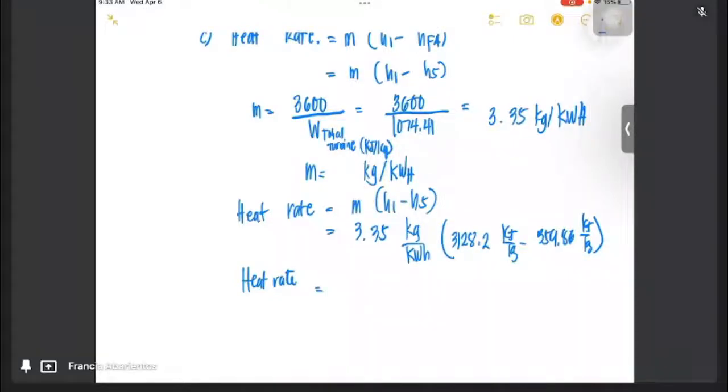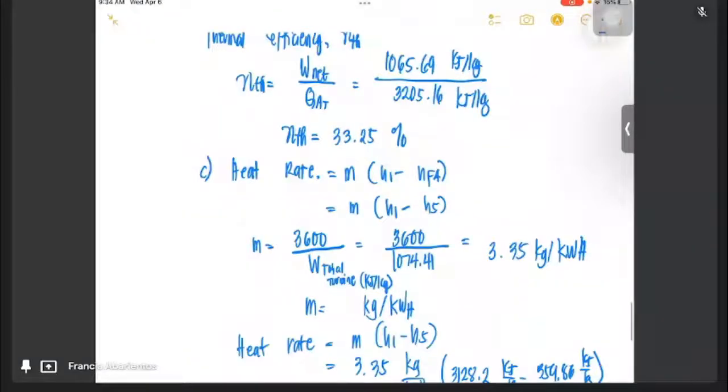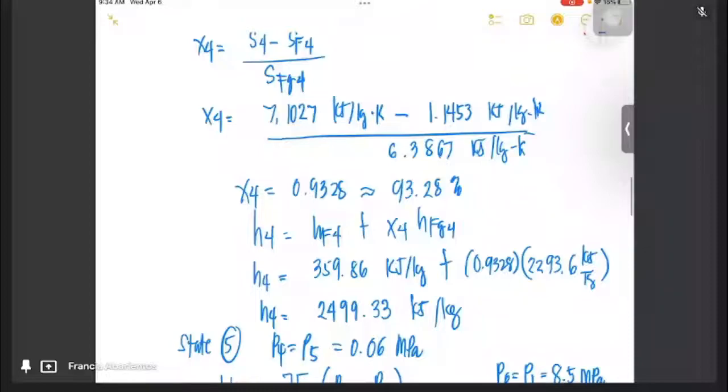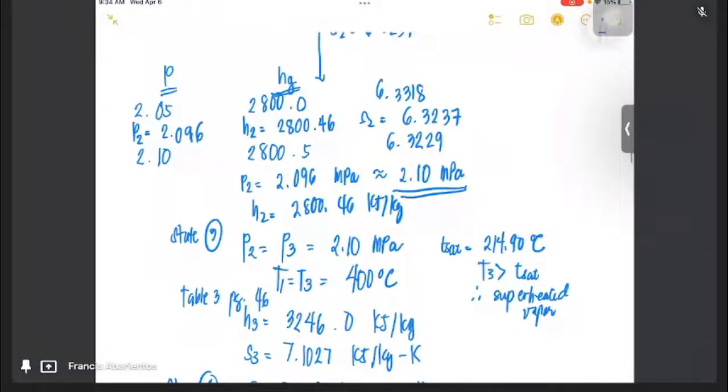We have 9273.94. Our unit is kilojoule per kilowatt hour. Okay? So this is now your solution for the one-stage reheating. It's just one stage, class.